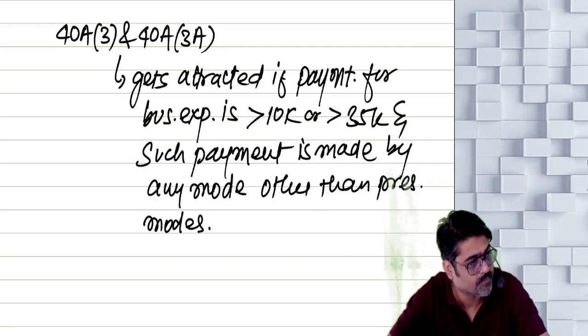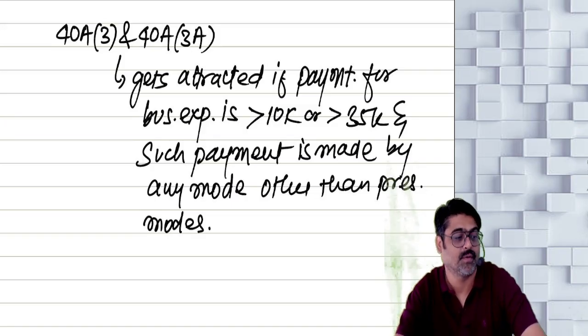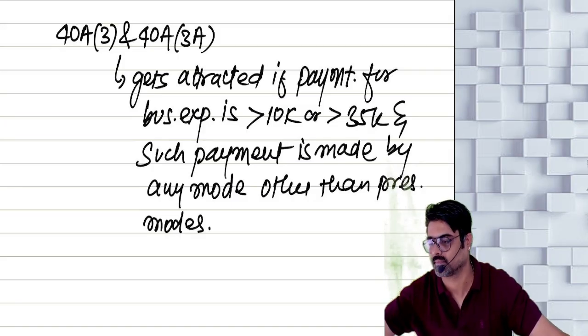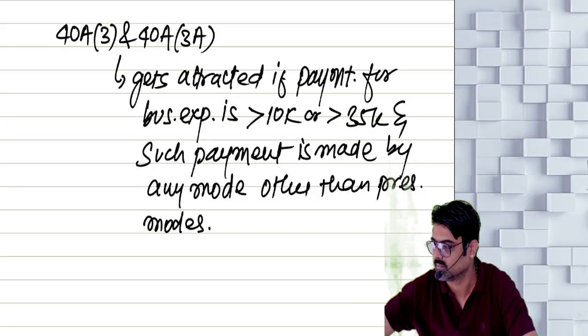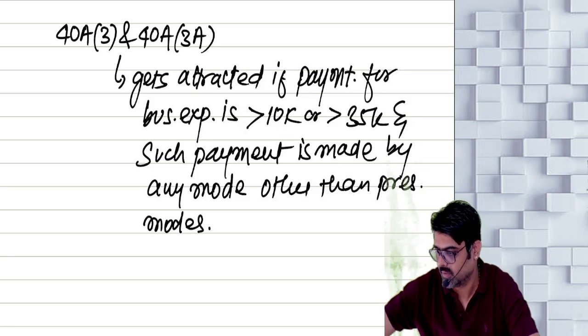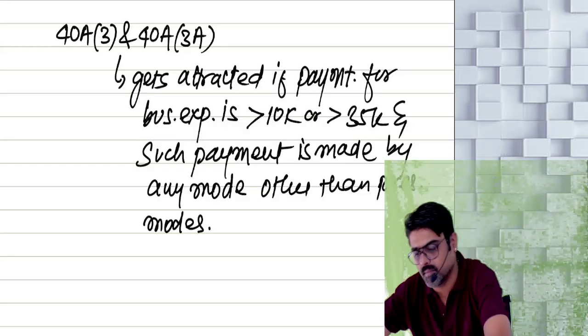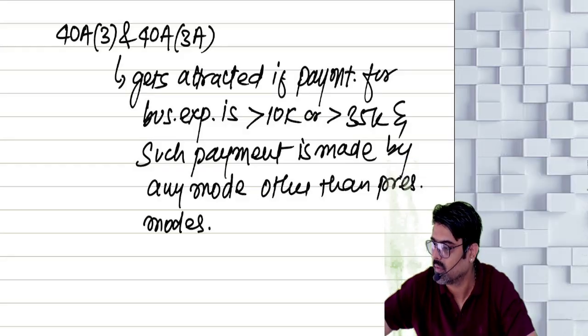What are the prescribed modes? Come on, tell me. Account payee cheque or draft, then RTGS, then NEFT, then UPI, then debit card, credit card, then Aadhaar UPI, then something more was there.